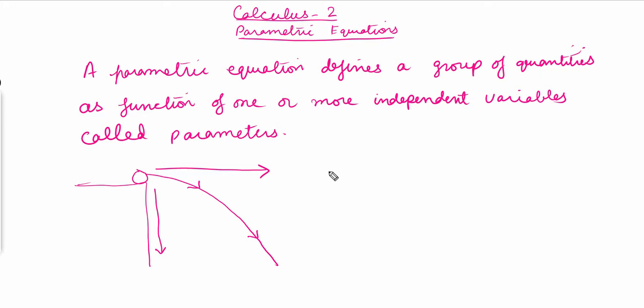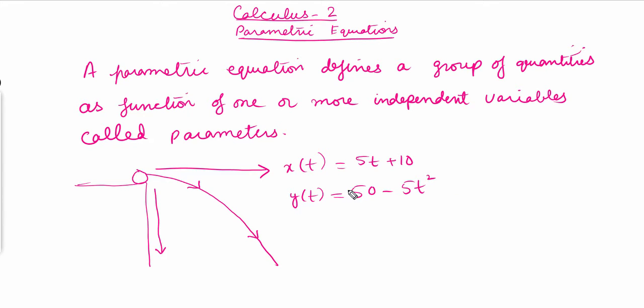That variable will be considered as the parameter. So for the horizontal motion, the equation will be x of t equals 5t plus 10. Let's suppose this is the equation for the horizontal motion. Now for the vertical motion, we can write y of t equals 50 minus 5t square.